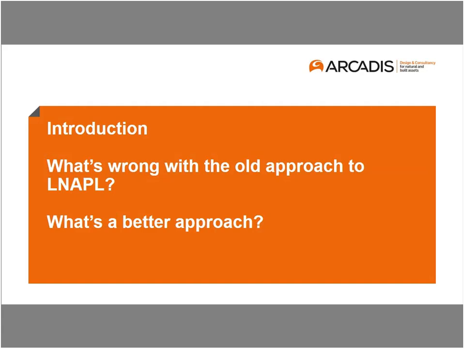So what I want to start out with is framing up the overall problem and asking the questions, what's wrong with the old approach to LNAPL sites, and is there a better approach that we can use?